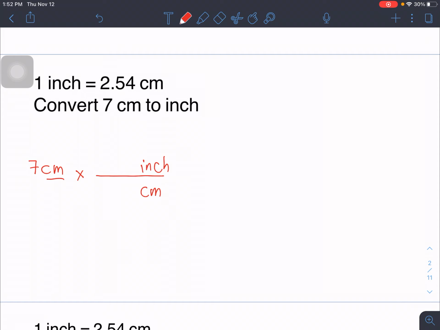So 1 inch and 2.54 centimeter. So this will be equal to 2.76 inches. We cancel this out, so the remaining unit is only inches.